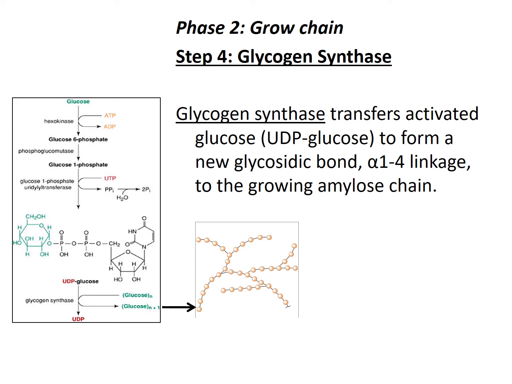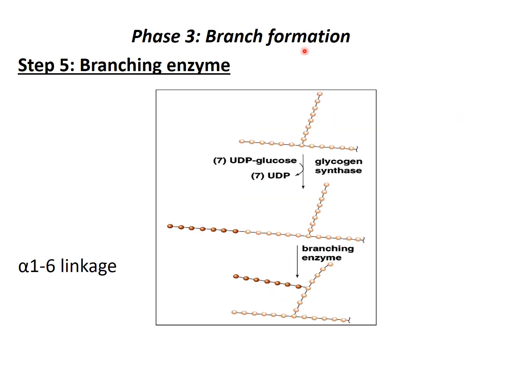So we need an extra enzyme which will build the branches. We call it branching enzyme. So how does this work?